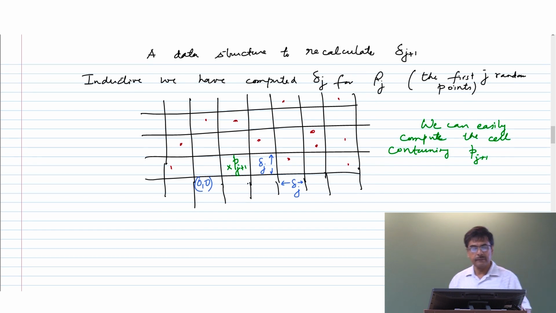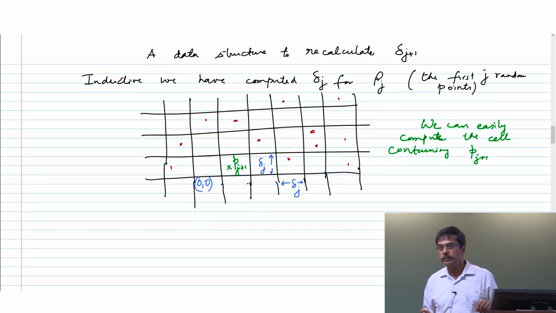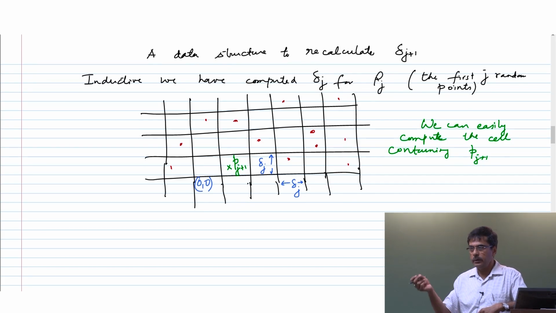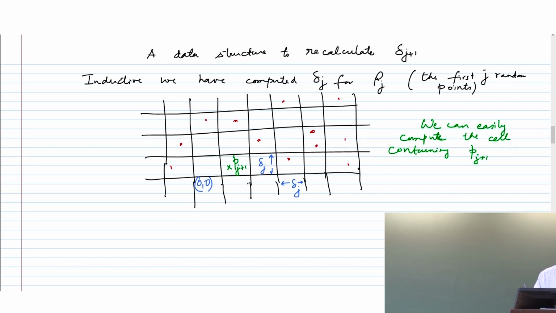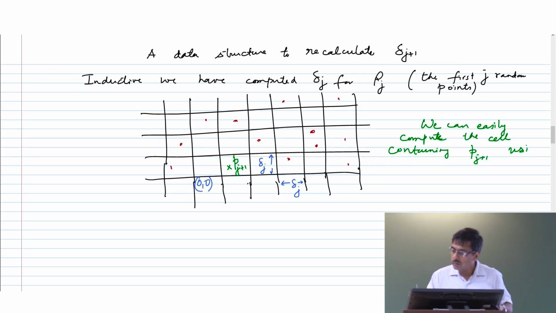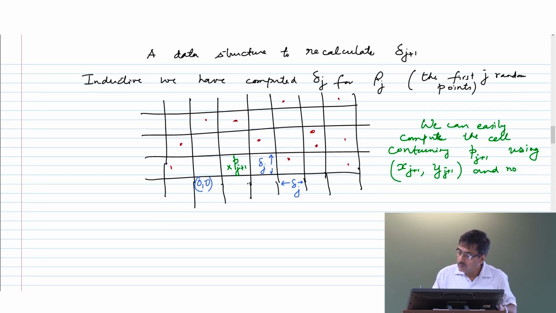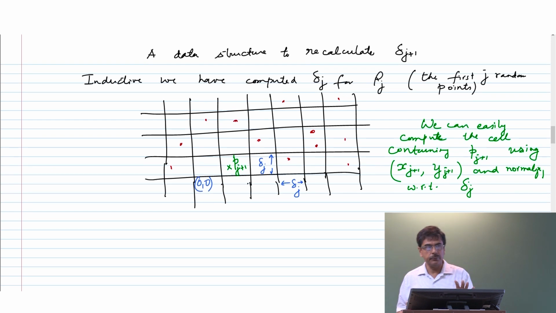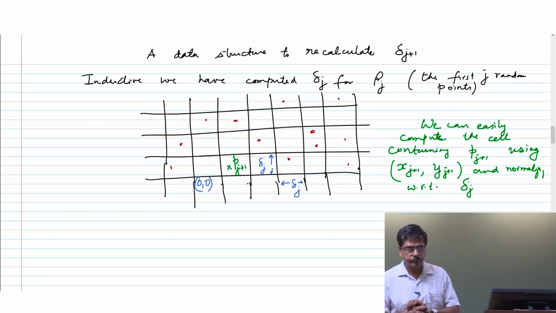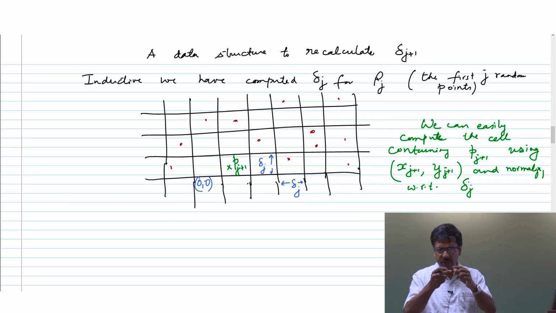How do we compute this? We know the coordinates of Pj plus 1, some xj plus 1, yj plus 1, normalizing with respect to the grid size. So, we will know exactly which cell it falls into. You divide by the grid size, right.